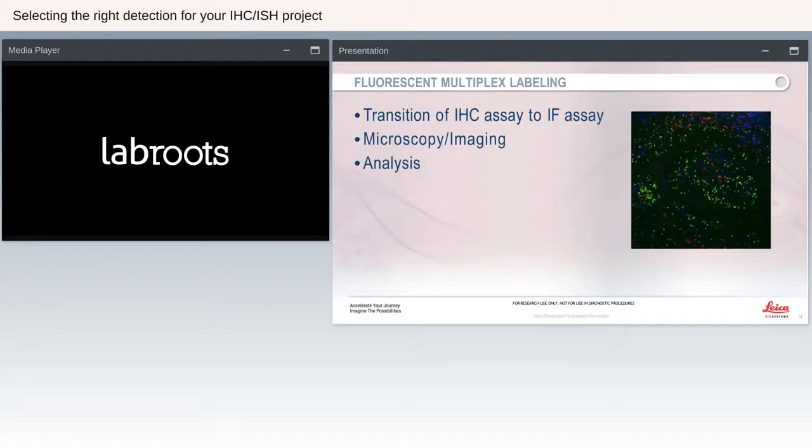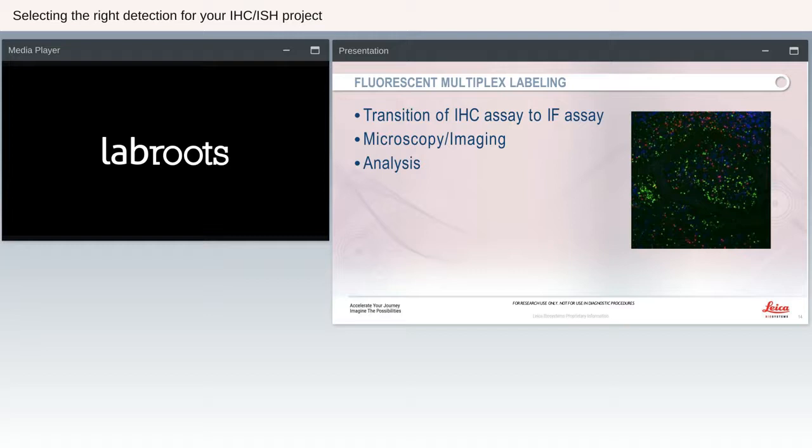So moving on to a fluorescent multiplex. This, I believe, is exactly the same assay, exactly the same markers on a human tonsil, but this was done with fluorescent detection reagents. So I developed the IHC assay first, and then I tried to move it into a multiplex immunofluorescent assay. And that really sped up the process, having the whole thing worked out in chromogens first.